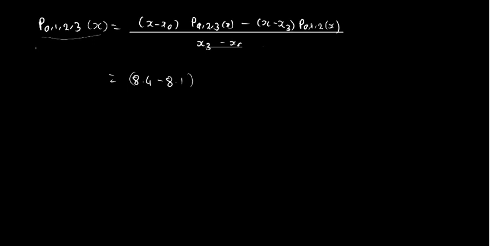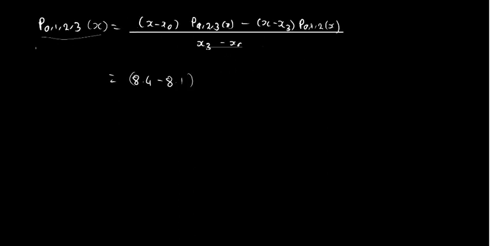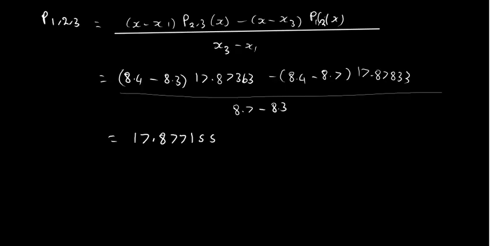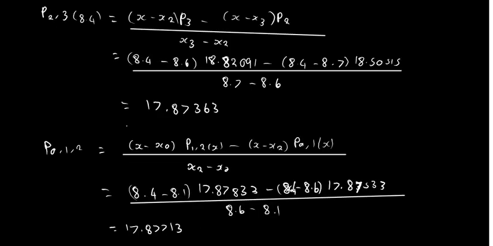Our P123 is 17.877155, minus, this is going to be 8.3, or 8.4 minus 8.7. Okay, so this is 17.87713.